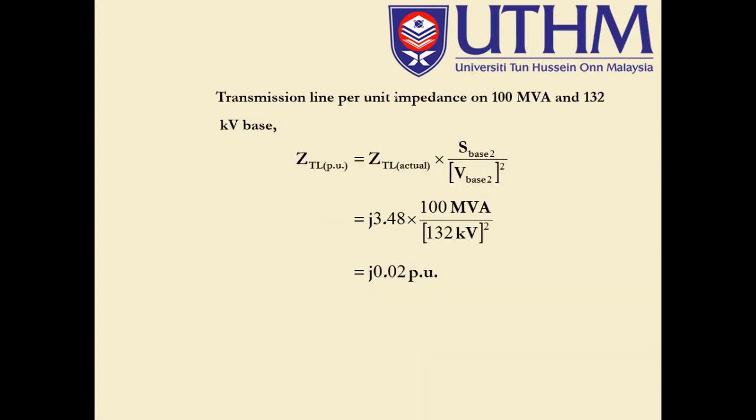Now the transmission line per unit impedance on 100 MVA and 132 kV base. TL stands for transmission line pu. So we have ZT pu equal to ZT actual over ZT base.